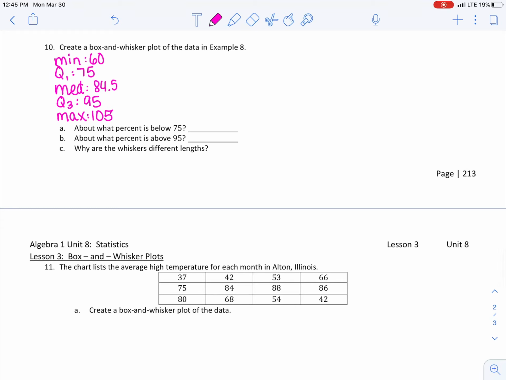At this point, it's saying create a box and whisker plot. The first thing you have to do with a box and whisker plot is create a number line. We need to start at least at 60 because that's our minimum value, and we need to go all the way to 105. I'm going to go by 5s.